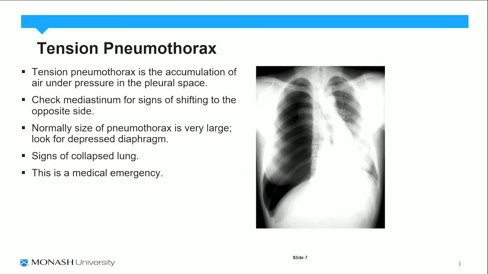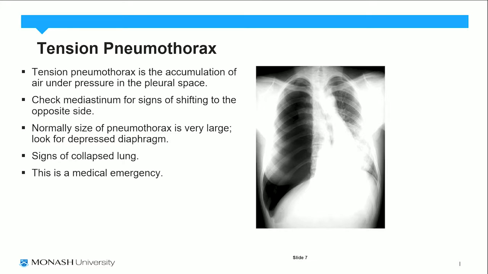So tension pneumothorax is due to accumulation of air under pressure in the pleural space. Main thing to look for is mediastinal shift. So if we look at this case, we can see that the right lung is very big, but it also has pushed the mediastinum to the right side.